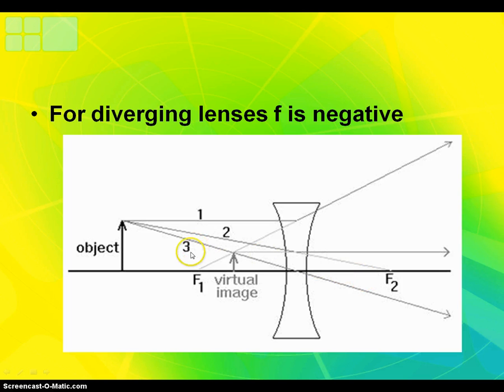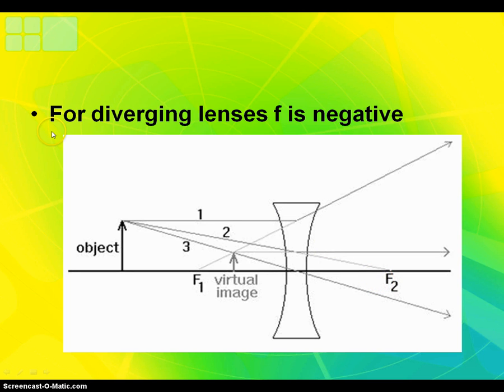The second ray goes through F and then parallel to the principal axis. So you can see here, ray 2 looks like it's going to go through F, but as soon as it encounters the lens, it's going to diverge and go parallel. And then the last one is through C and back. So we can see that it creates a virtual image that's on the same side as the object. We're using both the Fs.